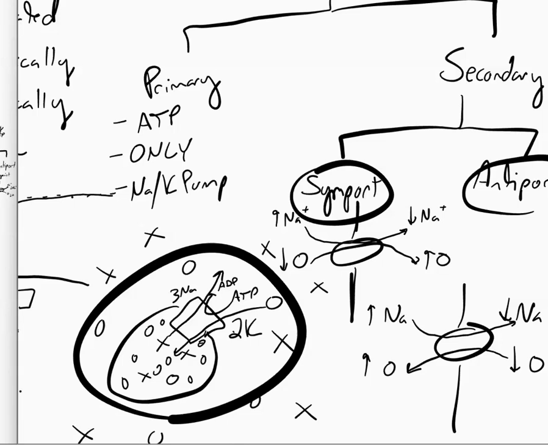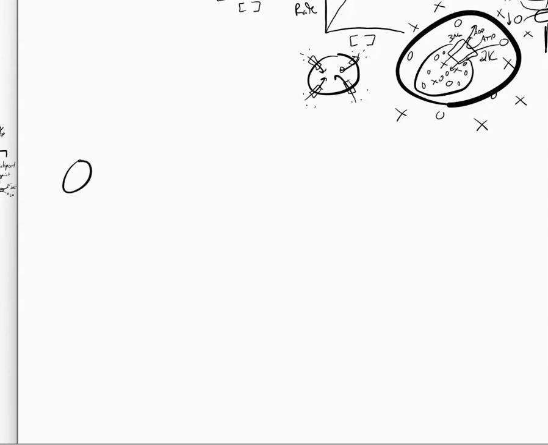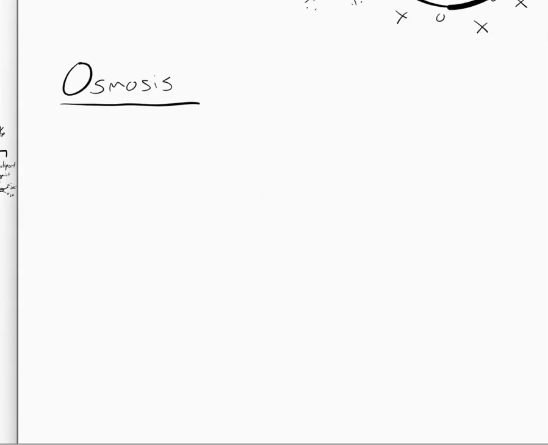And moving on, we are going to talk finally about osmosis real quick. And so osmosis is specifically talking about the movement of water across certain permeable membranes.